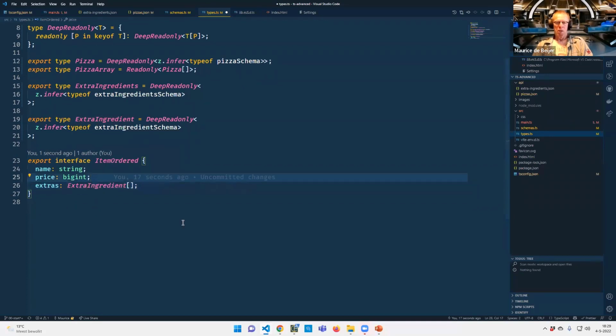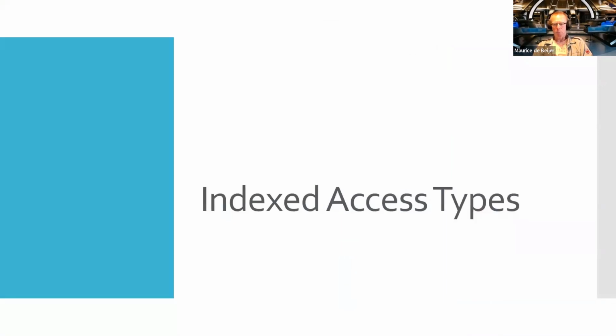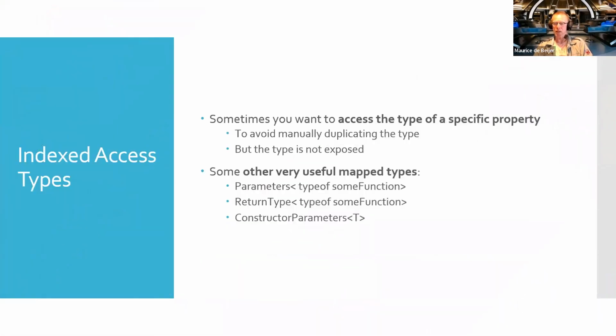So with indexed access types, what you can do is you can take a type definition and you can index into that just like you could with an object to get its values. Well, in exactly the same way, you can access into that with types. So let's actually just do it.